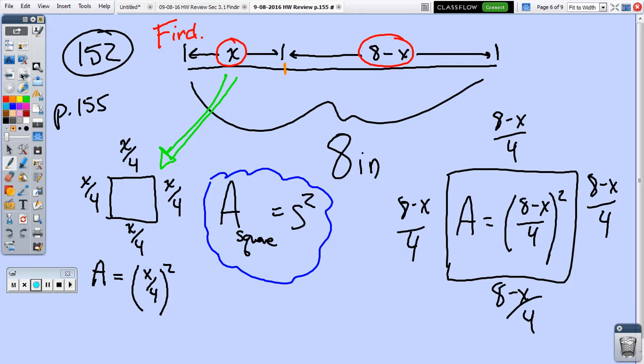You wouldn't say, let x be the length of the entire wire, so x equals 8. That doesn't really help you. You want to let x be what you don't know, and then write a statement including x, and then solve for x. So we're going to let x represent this piece, the small piece whose length we don't know, and then 8 minus x would be this other piece.